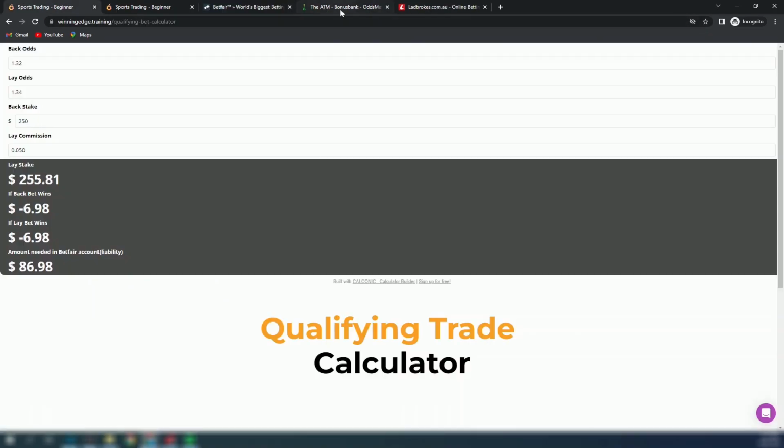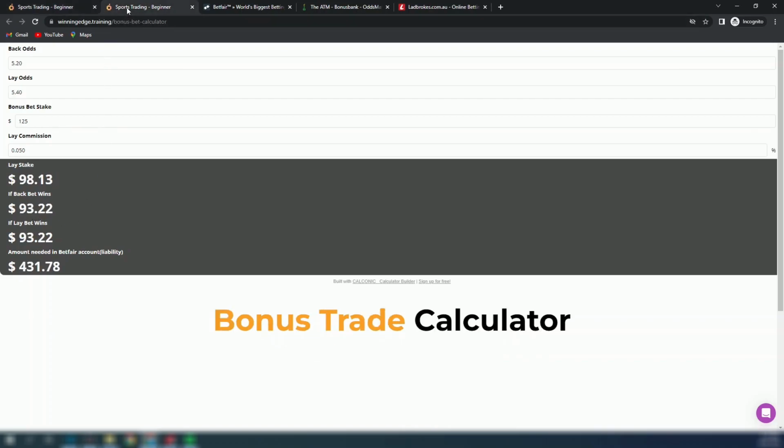So if we head back to our qualifying and bonus trade calculators, we can take a look at how much I've made in this example. So on my qualifying trade, I lost $6.98, turning over my $250 balance. And then on my $125 bonus trade, I made $93.22.